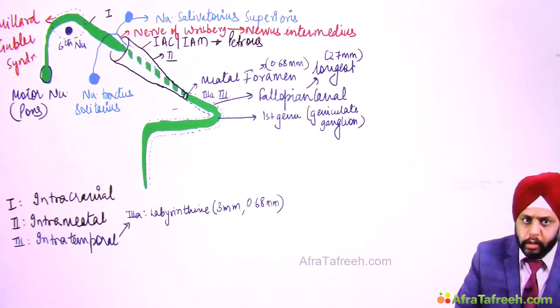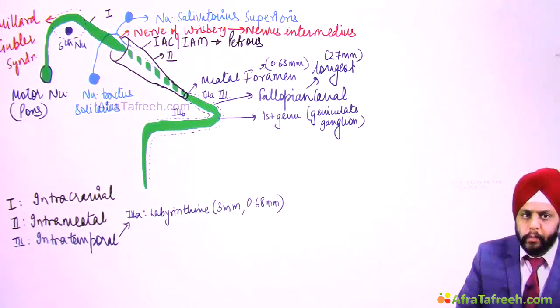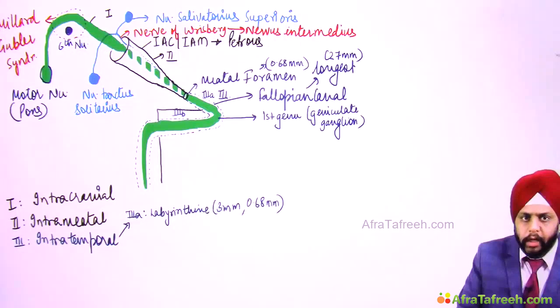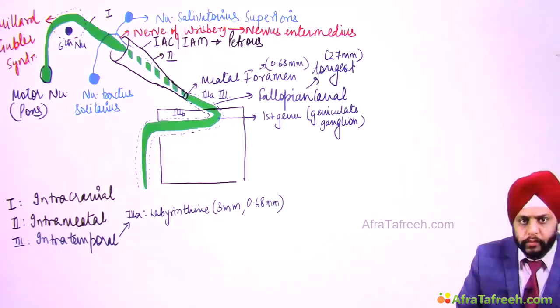So that is your segment 3B. I will cover this segment, but let's first complete the diagram of the facial nerve. Let's quickly draw it. I draw this diagram of the facial nerve, and you will have the anatomy, which is a recognizable anatomy for you, the anatomy that we have already discussed.